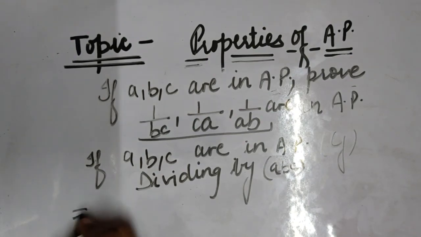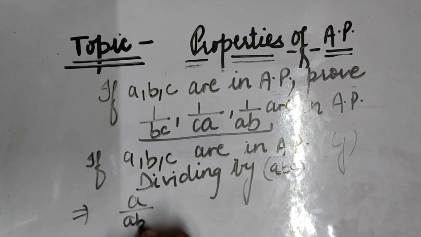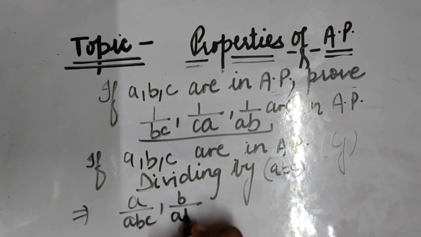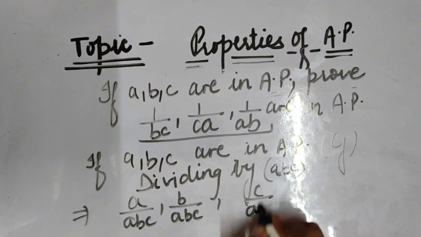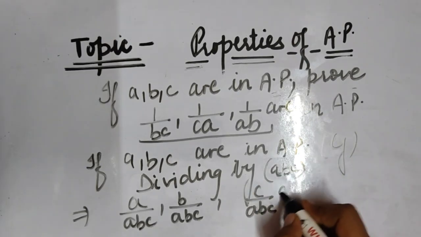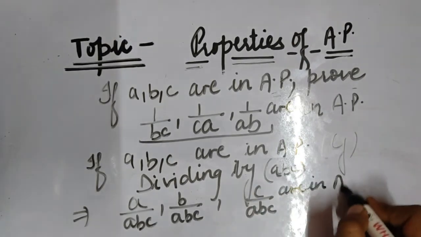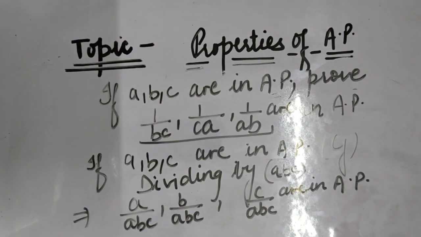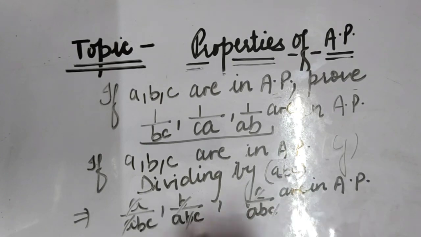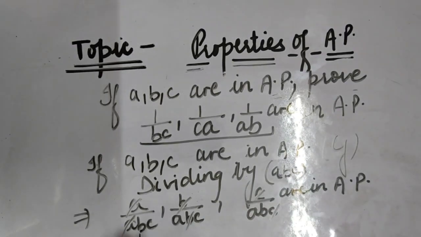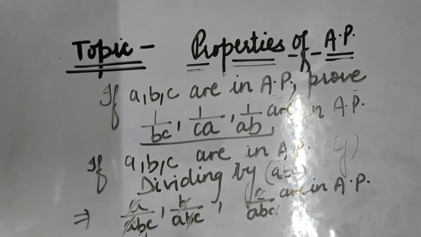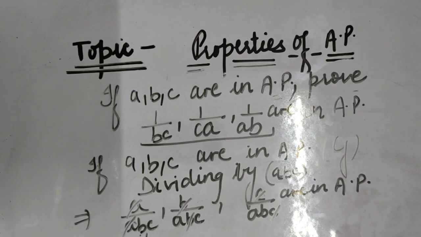I will get A upon ABC, B upon ABC, C upon ABC. And I know these will also be in AP as per property number 2. So when I solve it, I will get 1 by BC, 1 by AC, 1 by AB are in AP. So this was the result which I had to prove, and I proved it.